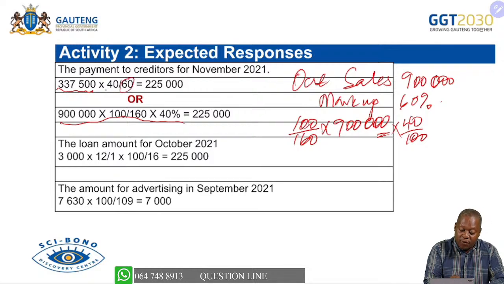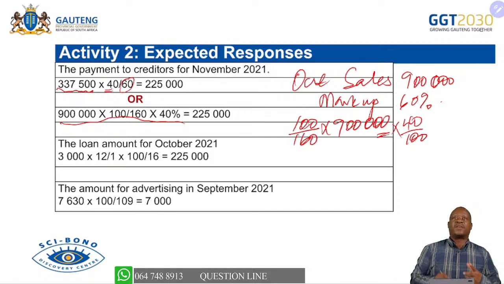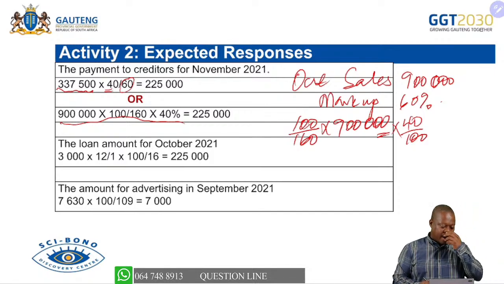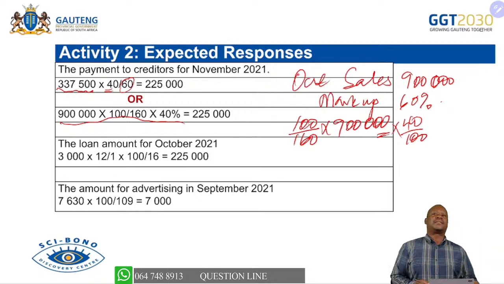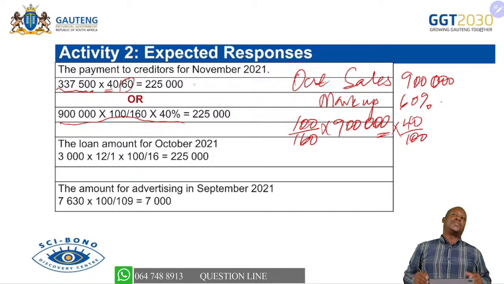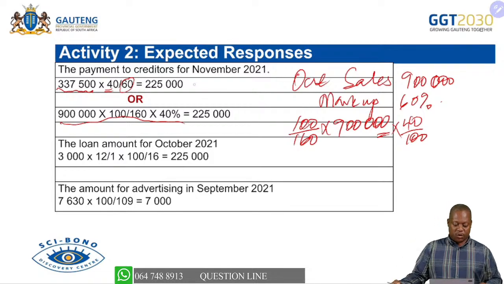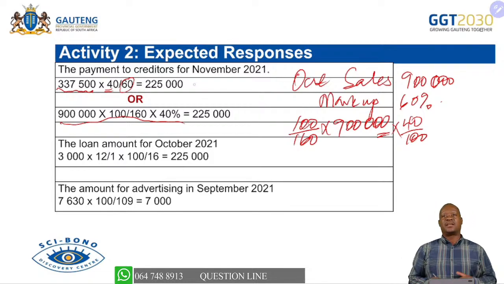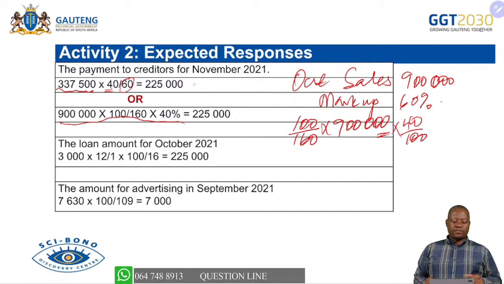We are looking for 40%, so 40 over 60, multiplied by 337,500. It gives us our credit purchases. Whichever way you use, you'll still get to 225,000 as our figure.